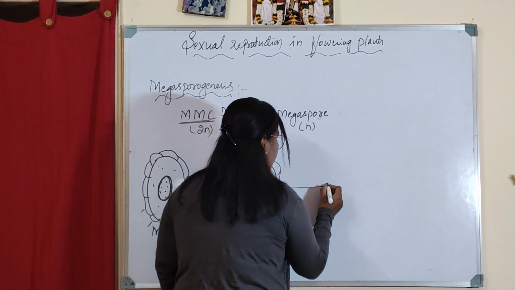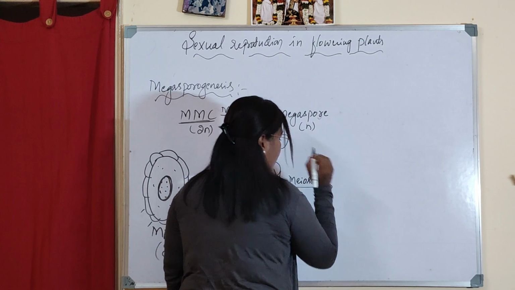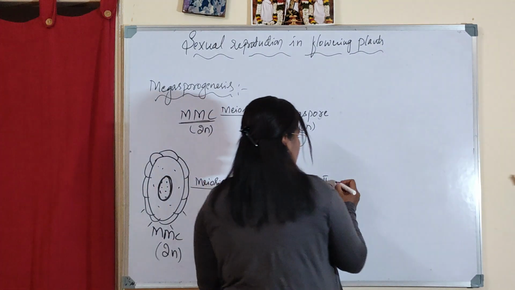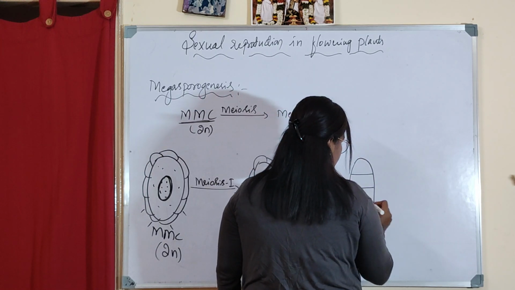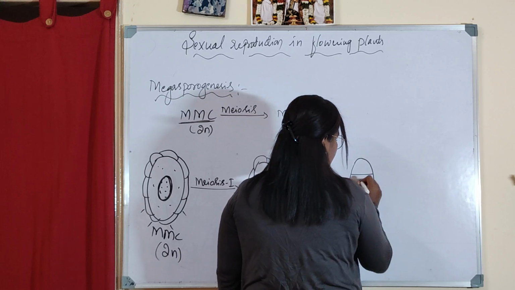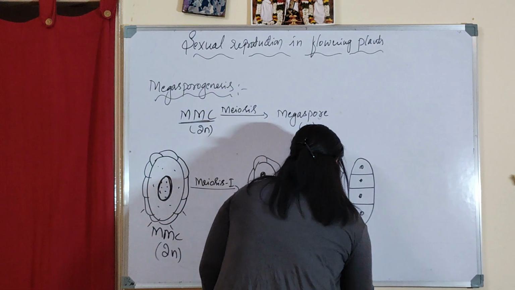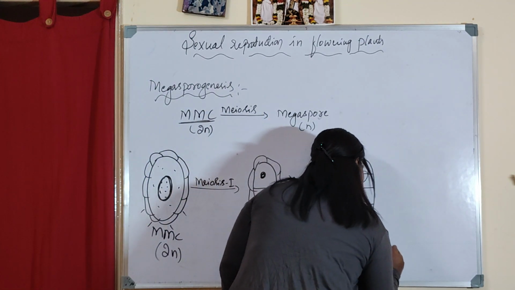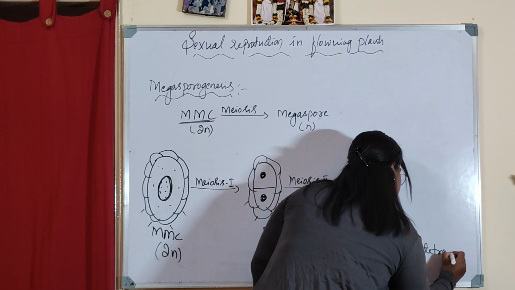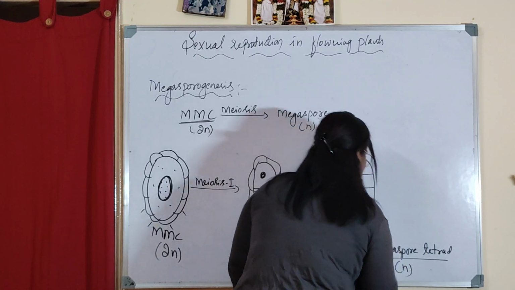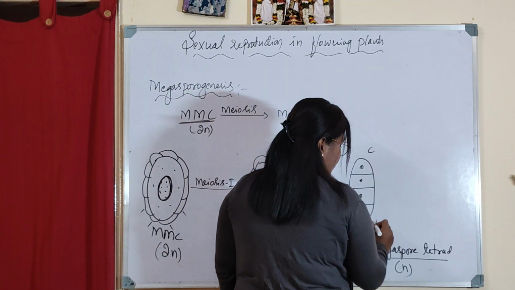The megaspore dyad undergoes meiosis 2 and forms the linear tetrad, 1, 2, 3, 4. This is called the linear megaspore tetrad, which is haploid in nature; all the megaspores are haploid. This is the chalazal region and this is the micropylar region.